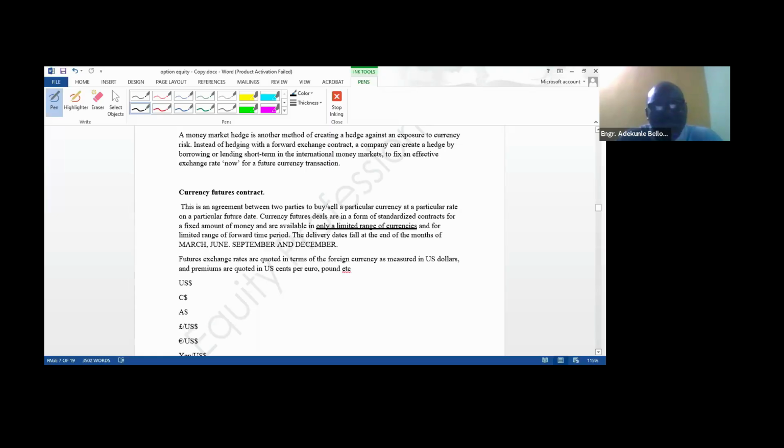The currency futures contracts are available only in limited foreign currency and for a limited range of time period.